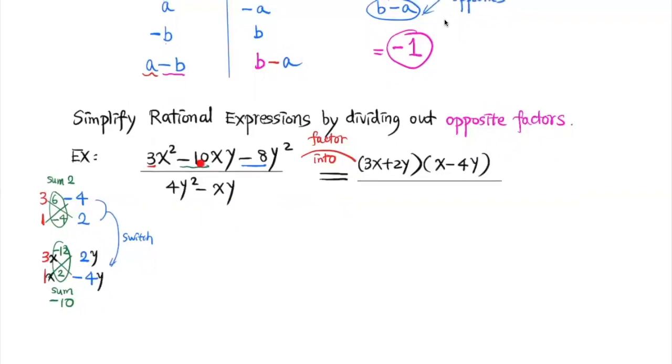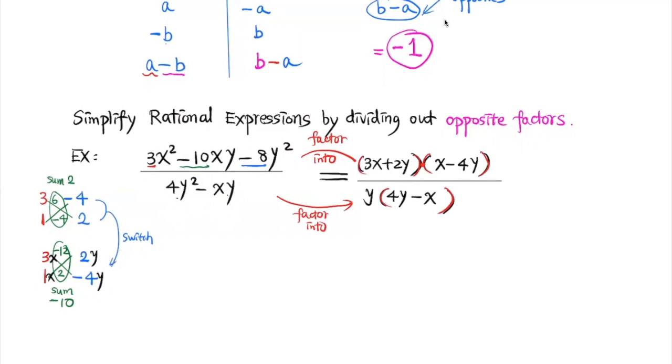Now we're done factoring the numerator. For the denominator, we take out the GCF, which is y. Taking out the common factor y, we are left with 4y minus x. Now I have factored the denominator and also the numerator, so they are in factored form.